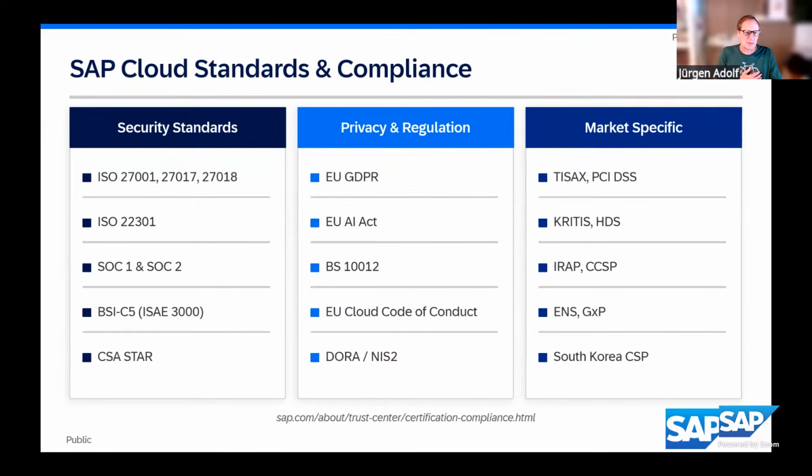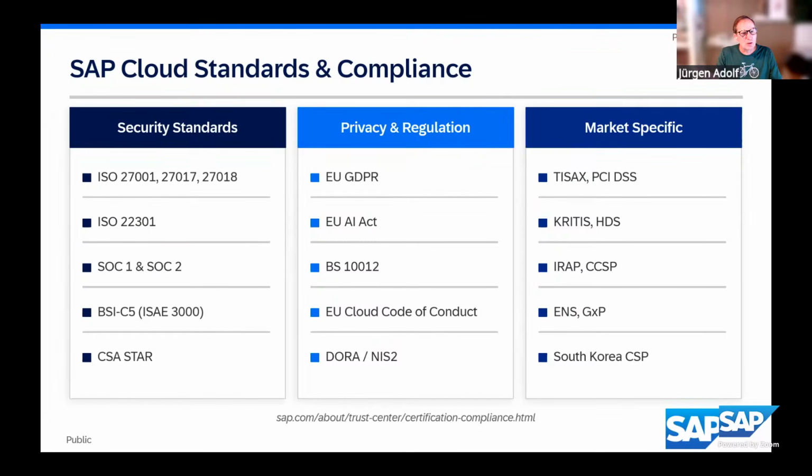And the column in the center covers the privacy and regulations like EU GDPR, and then the new EU AI Act and BS 10012 for data protection management, the EU Code of Conduct, and DORA and NIST for financial and network resilience.